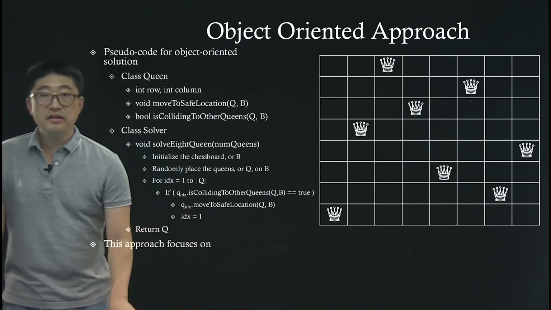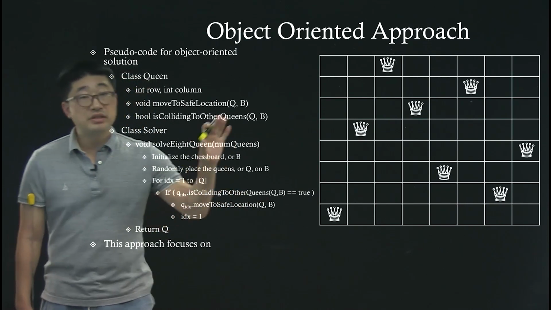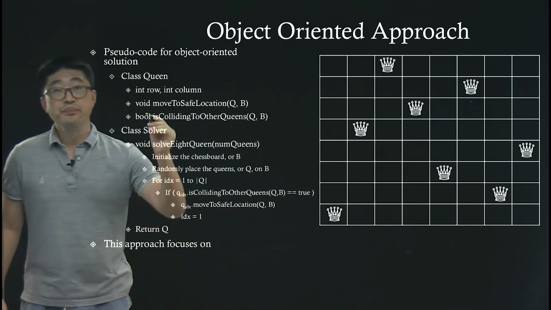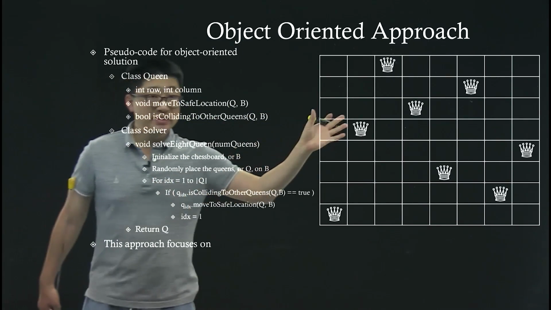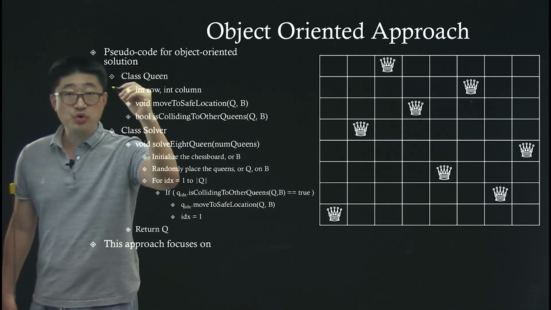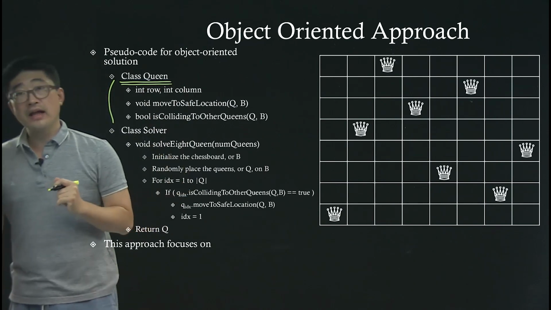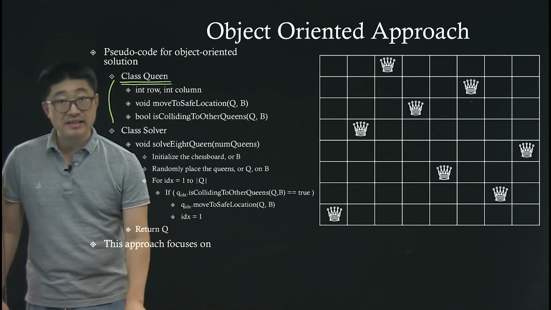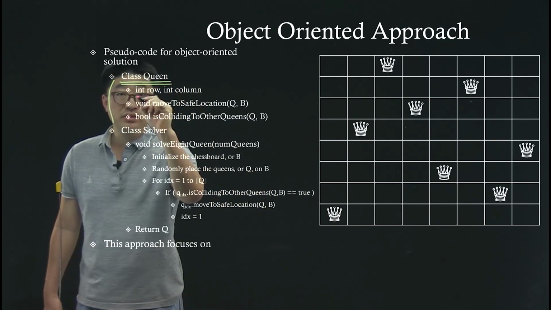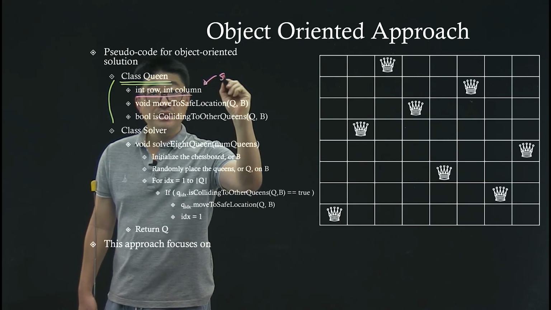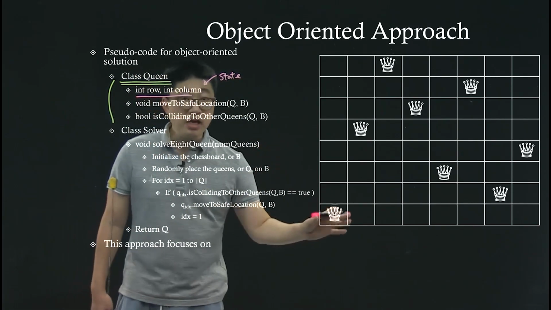To do that, we need to create some objects out of this problem context or scenario. First, we need a queen. So we define class Queen, and that class will have states. Here, the state is where it is placed. Then we provide behavior.